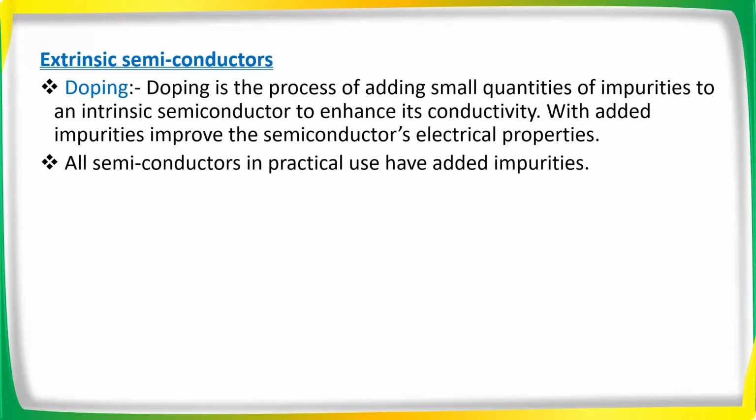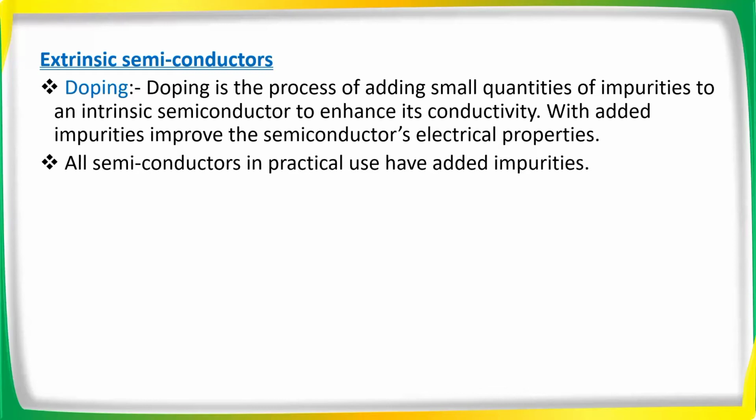Now that process of adding small quantities of impurities to an intrinsic semiconductor to enhance its conductivity is known as doping. This is to enhance its electrical properties, making it conduct better.